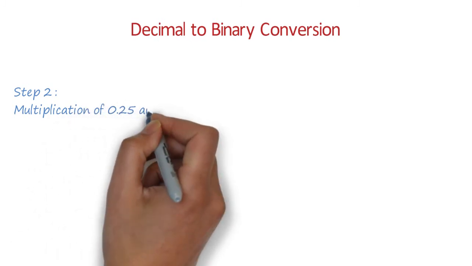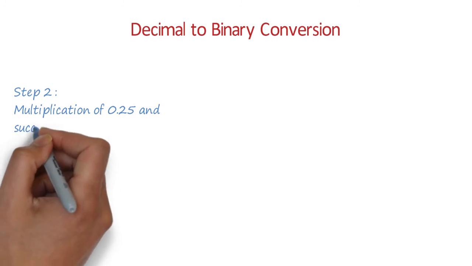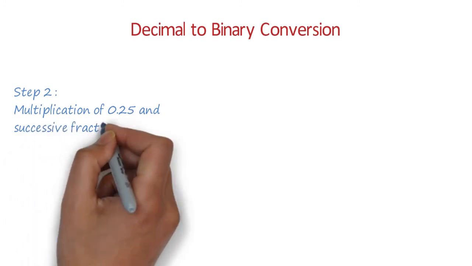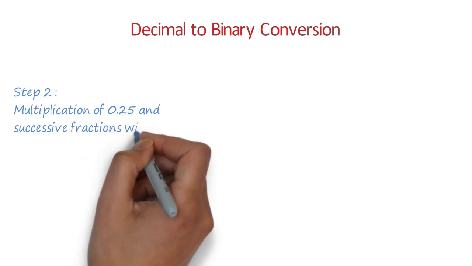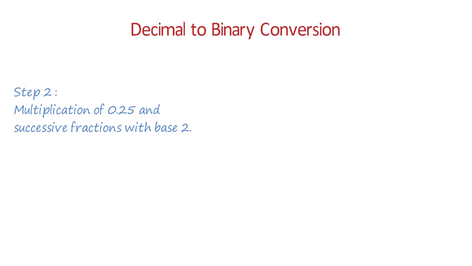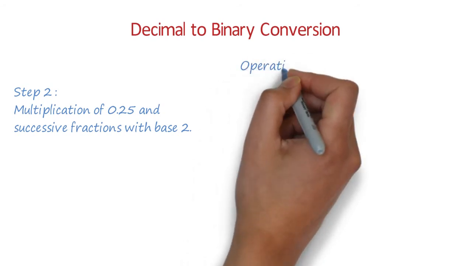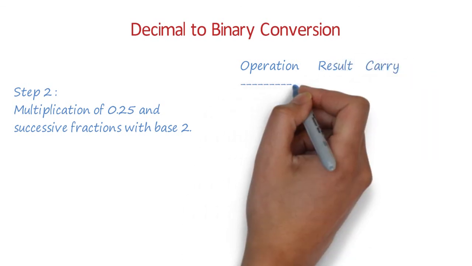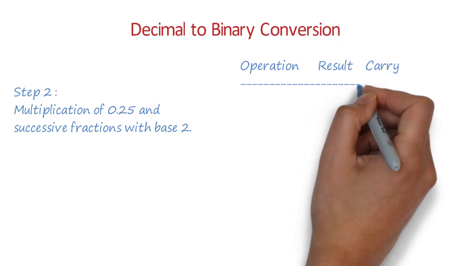So we have to convert 0.25 to binary. In this case, we will multiply this fraction by the base of the binary, which is 2. In operation number 1, 0.25 will be multiplied by 2.